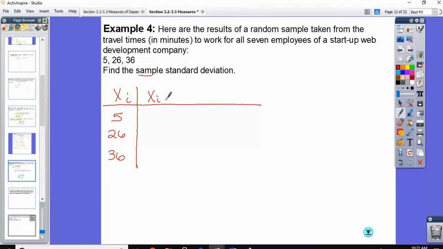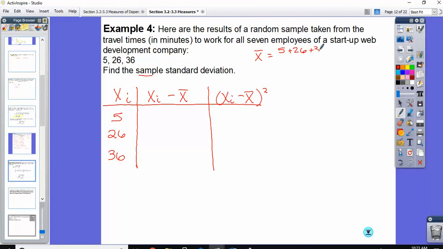If you're looking at your formula sheet, it tells you, I'm just going to use that first one there. So x minus x bar, so we have to subtract the mean. And then we have the square. Now, x bar is the mean of the sample. So what do I need to do first here? Find the mean for these 3.